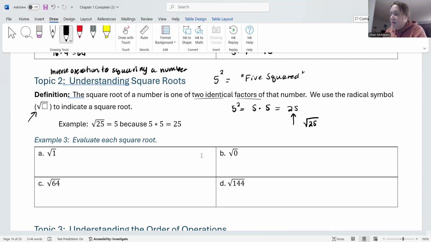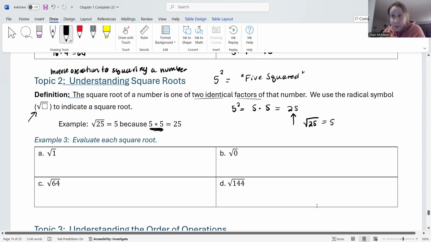This symbol with a 25 under it is asking, what is that identical factor that gives me 25? We would just say it's plain old 5. You don't list 2 factors, you just list what the factor would be. So the square root of 25 is 5, because 5 times 5 are those identical factors that give us 25.